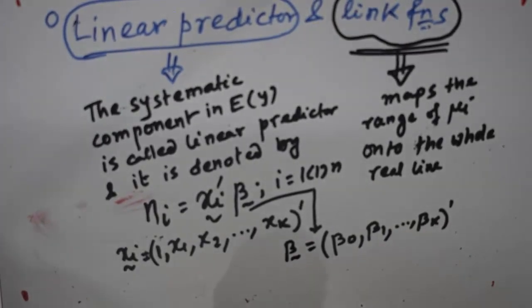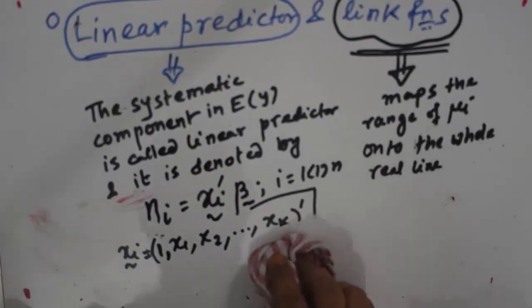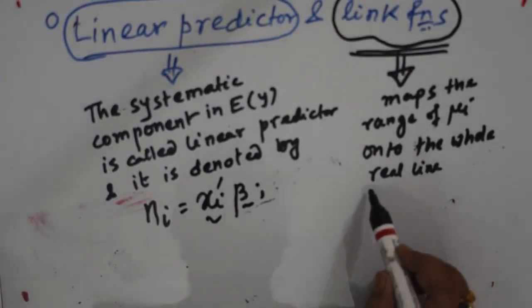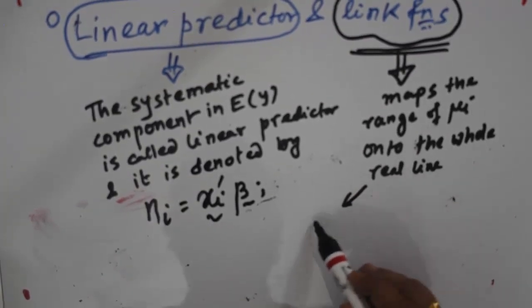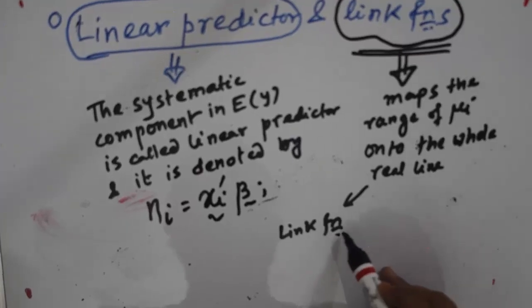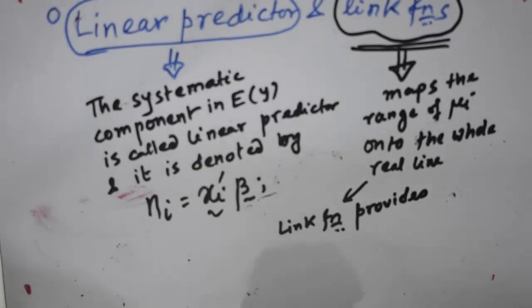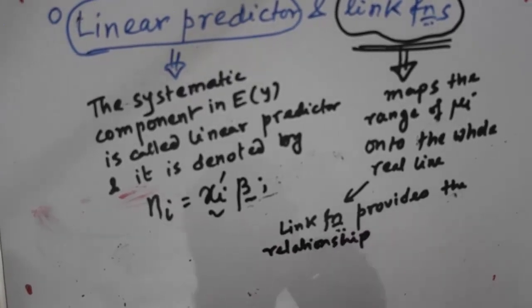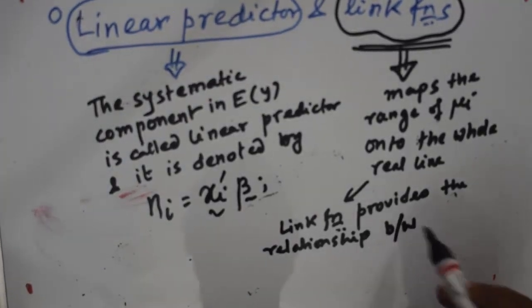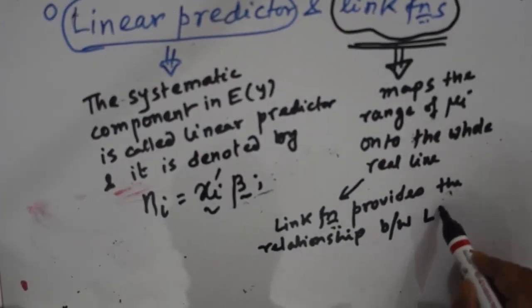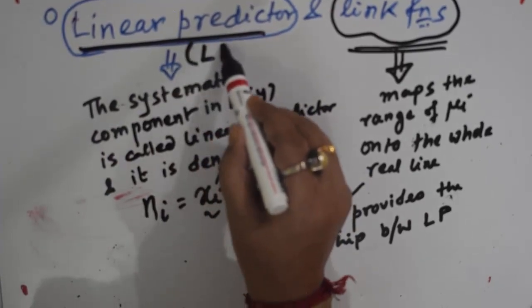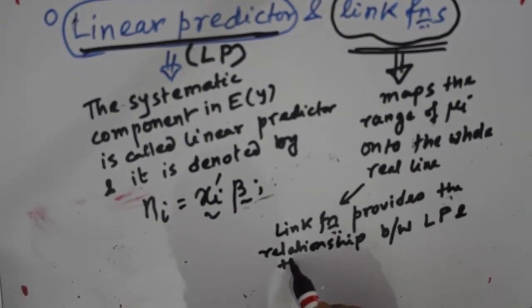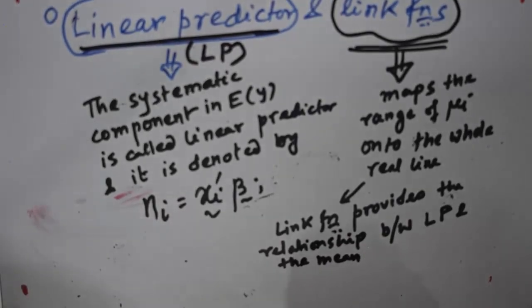So, in other words, the link function provides the relationship between linear predictor and the mean of the distribution.